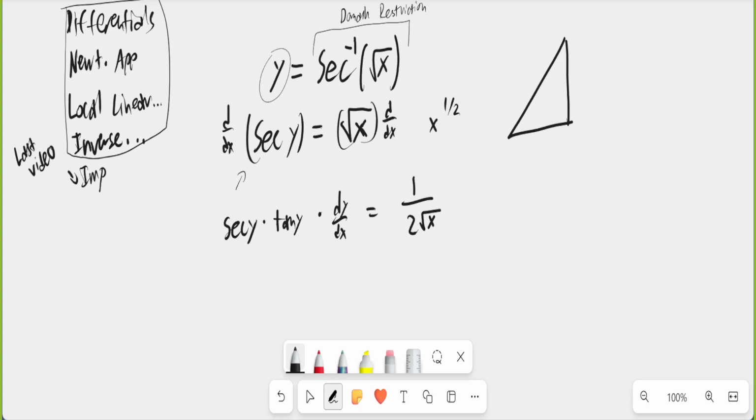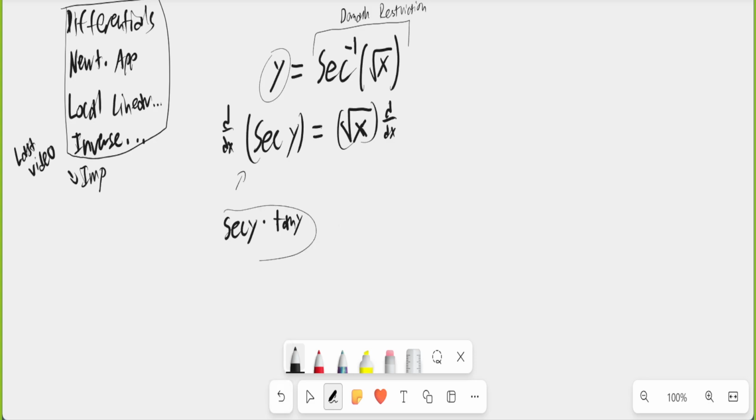Wait, give me 1 second to think about this. Secant inverse of root x, secant y times tangent y. Okay, since I see what the problem is here, we can't turn this into a triangle because there's secant and tangent on both sides.